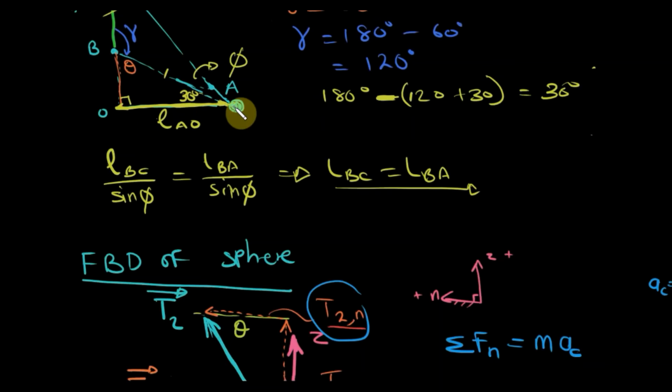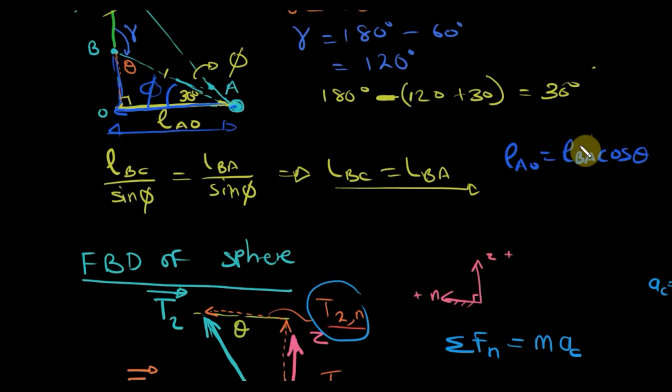So from our geometry right here, LAO is this one. We know LBA, therefore, well, this is 30 degrees, which is the same as phi. Phi is 30. Therefore, we know LAO. We can get that one. LAO is equal to LBA cos theta. This is the opposite, and this is the adjacent.